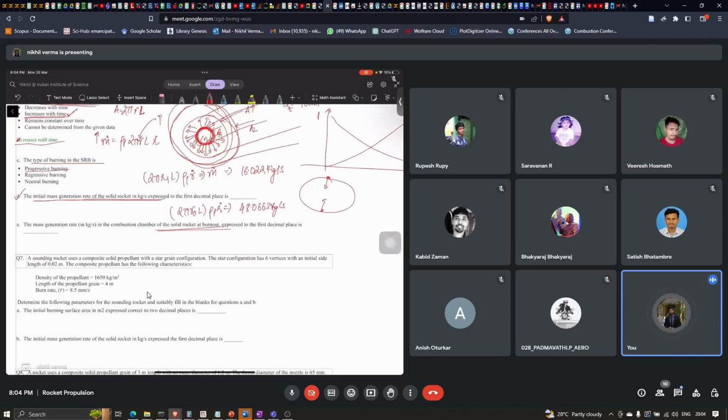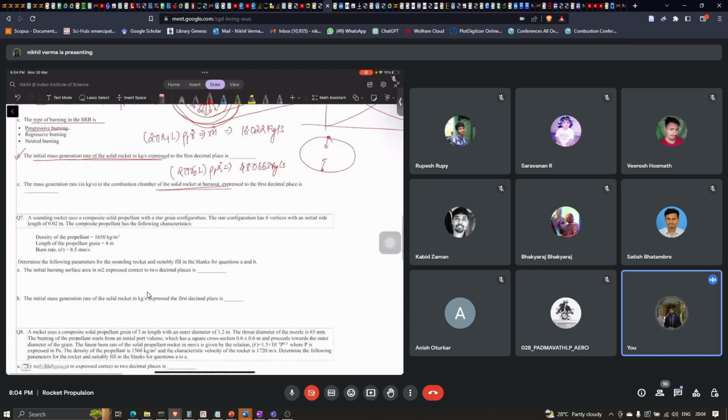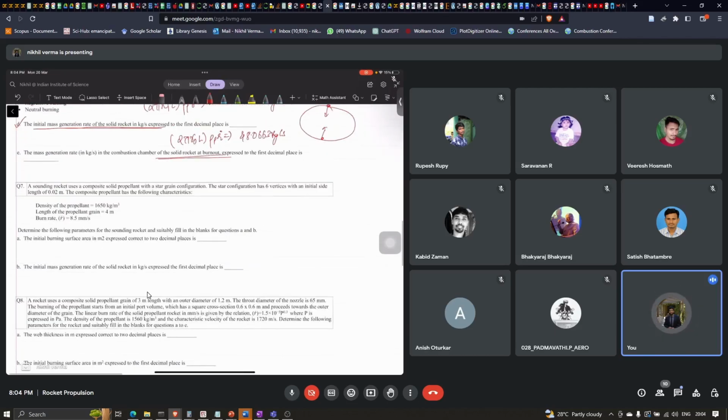Okay, so let us look into the last problem. Maybe I'll not solve it completely. Maybe the seventh I can solve. The sounding rocket uses a composite propellant with a star grain configuration. The star grain has 6 vertices, with an initial side of 0.2. So it looks like this.